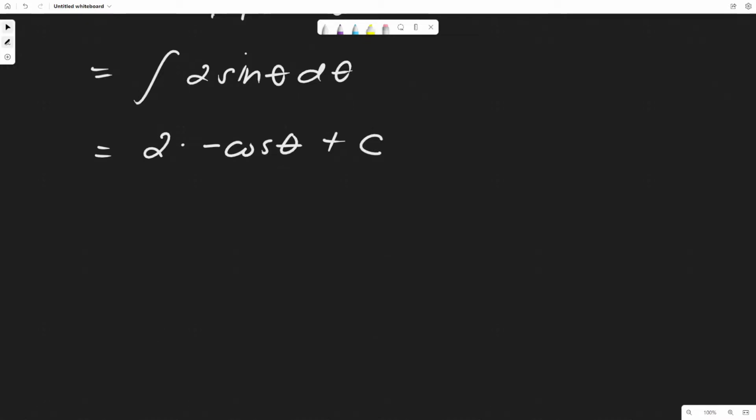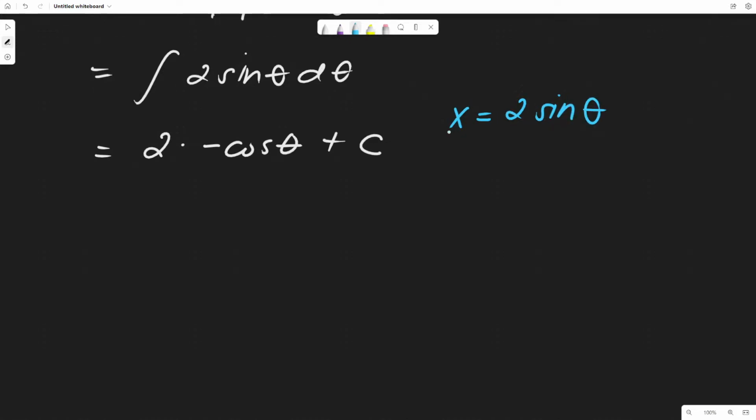However, our original integral is not in terms of theta, so we need to get this back from theta to x. What was our substitution for x earlier? x is equal to 2 sine theta.